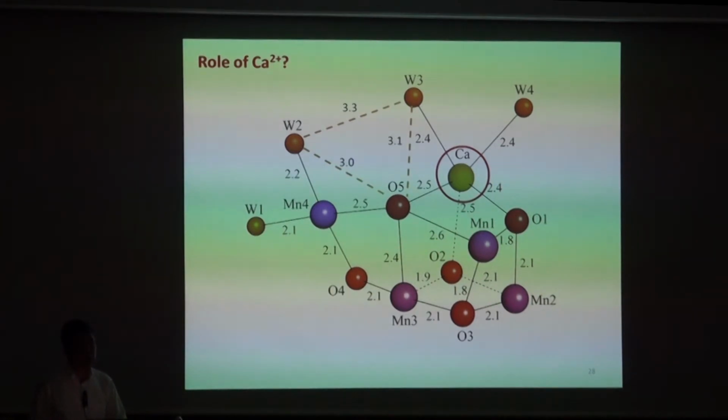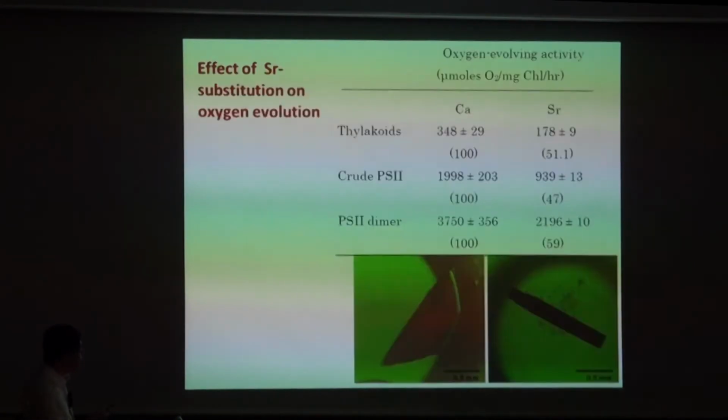But it can still catalyze water splitting, which indicates that the overall structure of this cluster can be maintained even after replacement of calcium with strontium, but there must be some slight structure changes because the activity is decreased by half. So we replaced this calcium with strontium, made crystals again and analyzed the structure again.